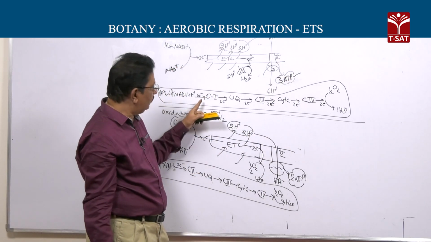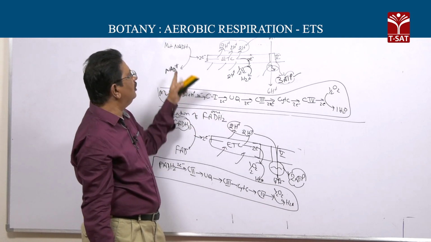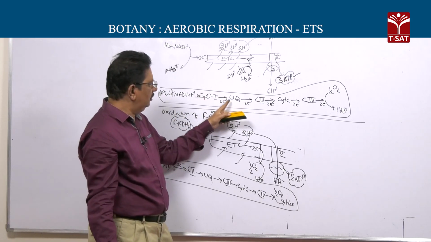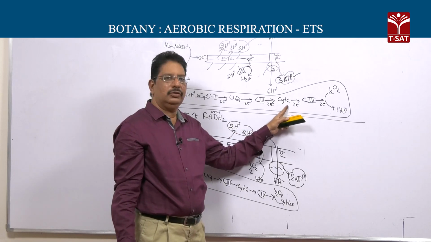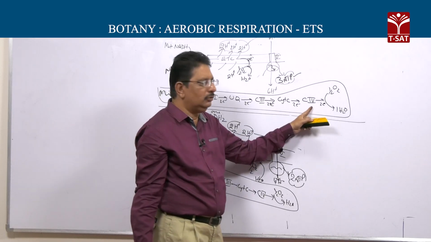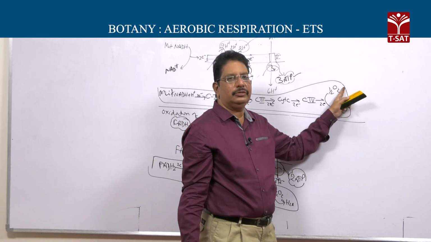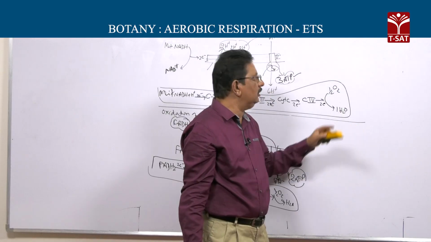So the correct sequence of electron travel during oxidation of mitochondrial NADH starts with complex 1, ubiquinone, complex 3, cytochrome C and complex 4. Finally, the terminal electron acceptor in respiration is O2, which forms water.